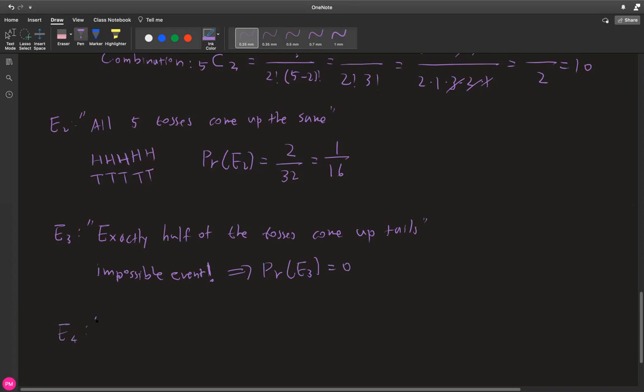The next scenario, let's say the first 2 tosses come up heads.